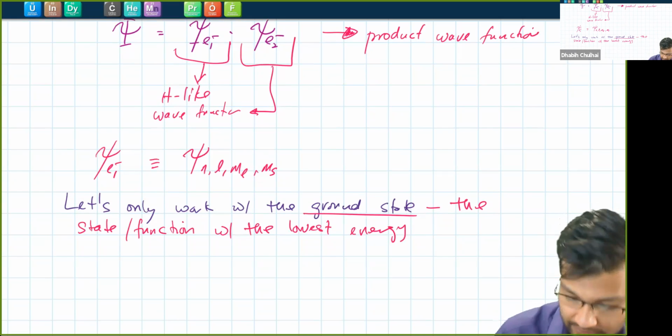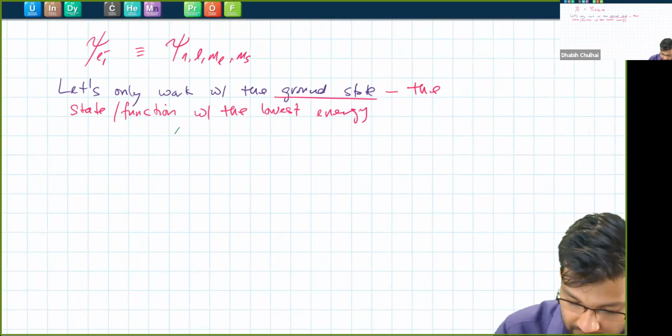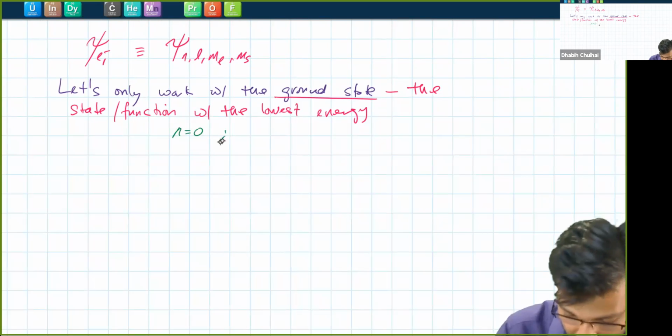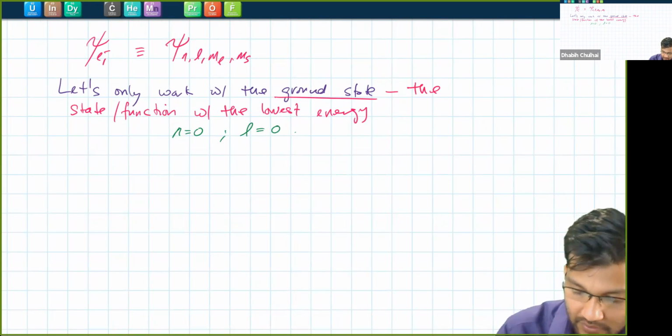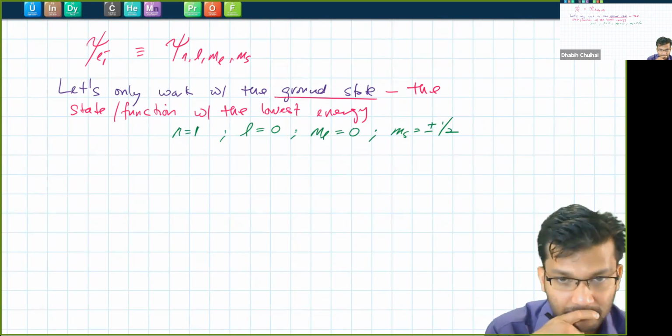We can measure that. So in the ground state, if you recall, n will be 1, l will be 0, m_l will be 0, and m_s could be positive or negative a half. That's our ground state.